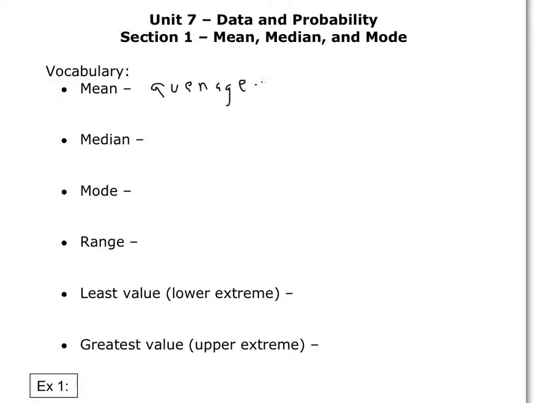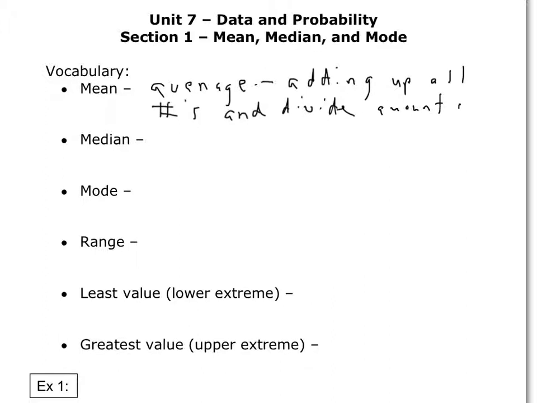And the way we find the average is by adding up all numbers, and divide by the total amount of numbers. So to get your average, you're going to add up all the numbers and divide by your amount of numbers.